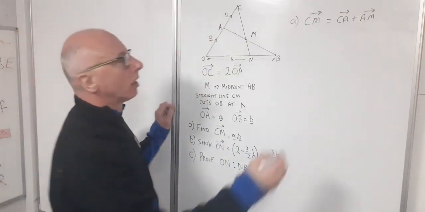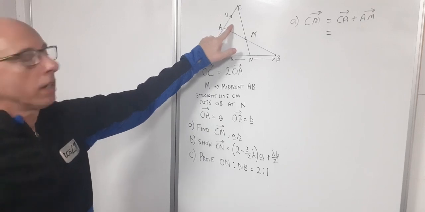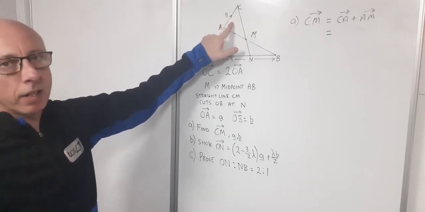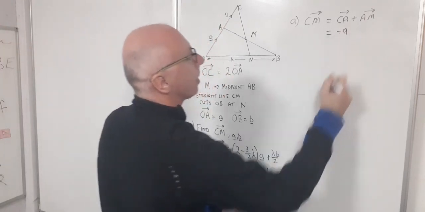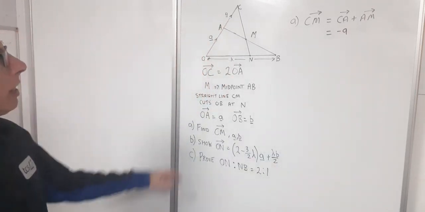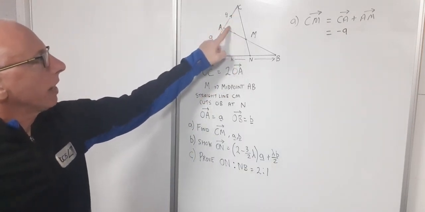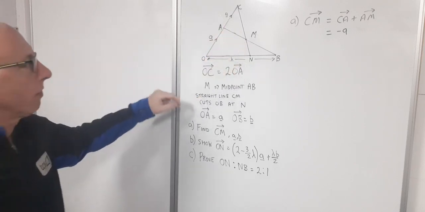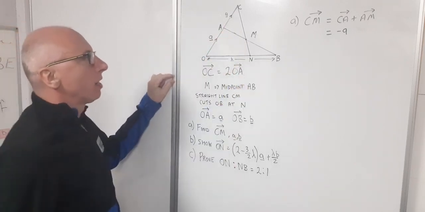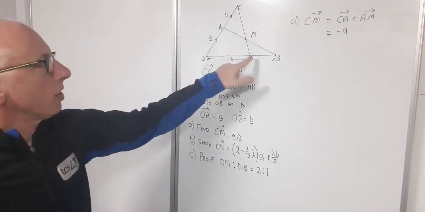So CA is this vector here, and it's going the opposite way of the direction of the vector. So that is just minus A. Now AM, for C to M, we go from C to A and then A to M. Now that is the midpoint of this vector here of AB. So therefore what we've got is B going in this direction.